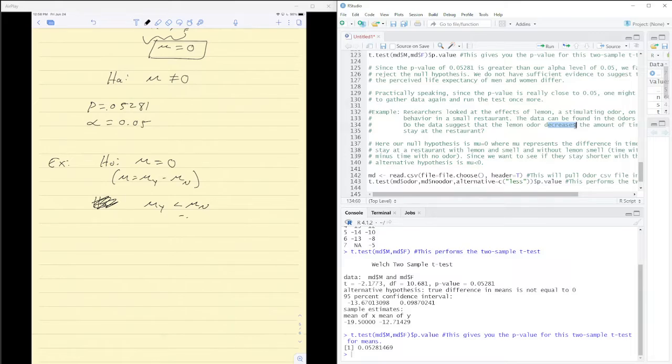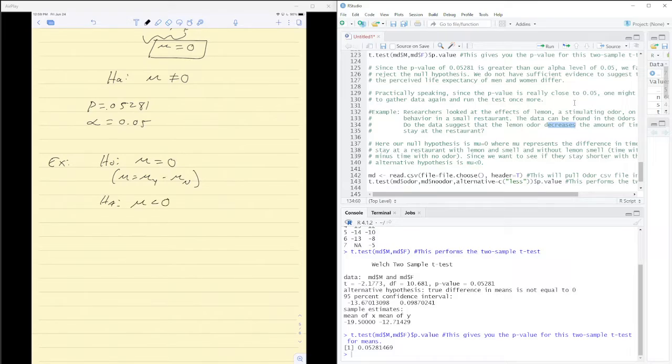So if I subtract this from both sides, I get mu Y minus mu N is less than 0, but this is how I defined the population mean. So this is saying your alternative hypothesis is that the mean is less than 0. So your alternative hypothesis here is that mean is less than 0.